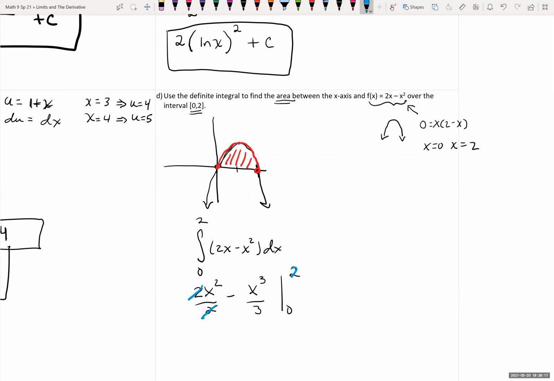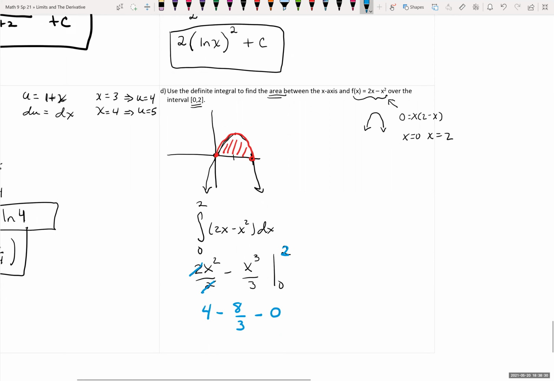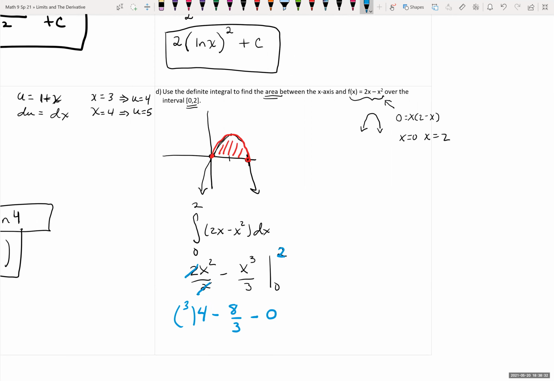Plug in our upper bound first. So 2 squared is 4 minus 2 cubed, which is 8 over 3, minus, now plugging in 0, in both places we get 0. So getting a common denominator, this is 12/3 minus 8/3, which is equal to 4/3.